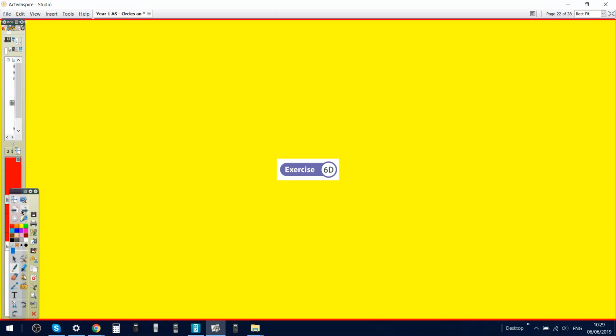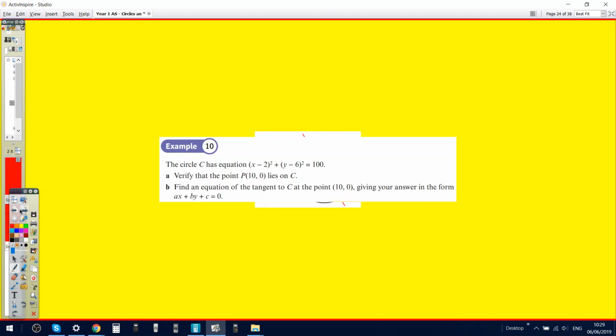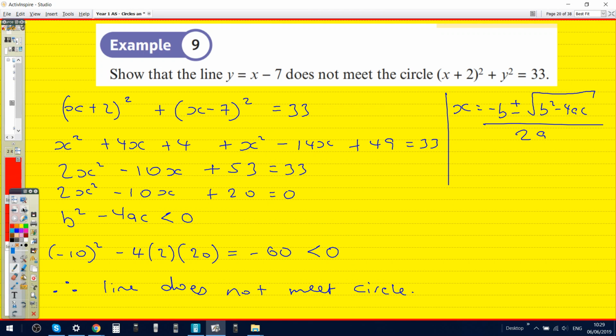And then if I see show that in circles, the discriminant should come into my head straight away? If they said show that there's 2 points of intersection, you would show that the discriminant is bigger than 0, because if x squared equals 9, then you square root it and get 3 or minus 3.